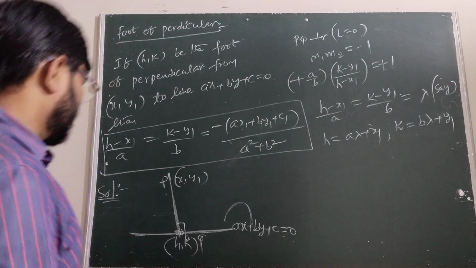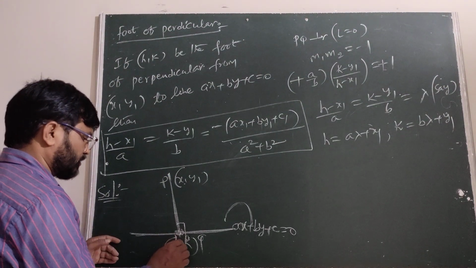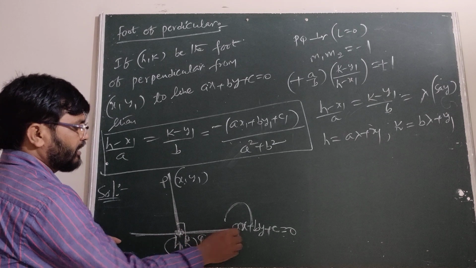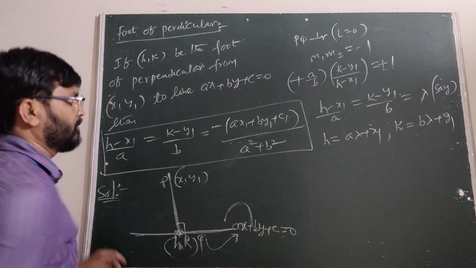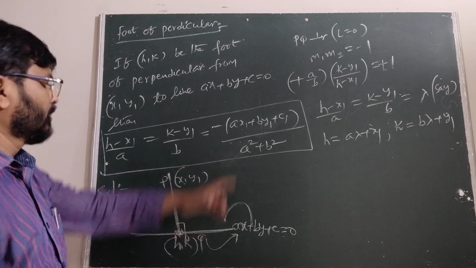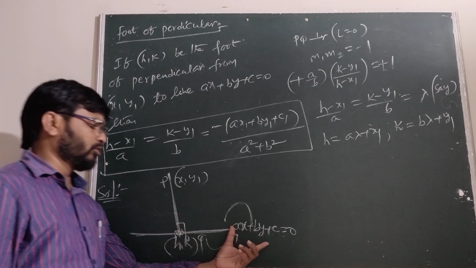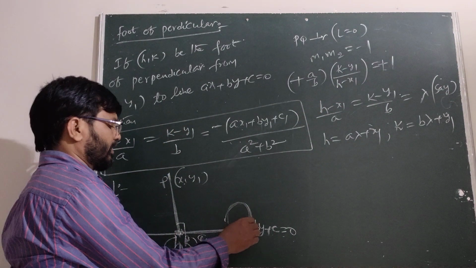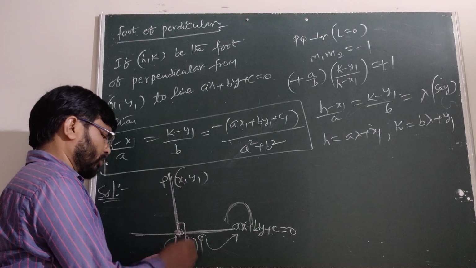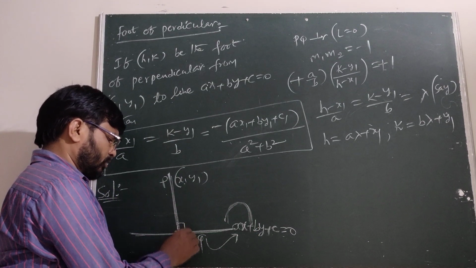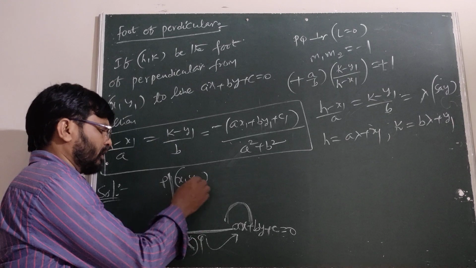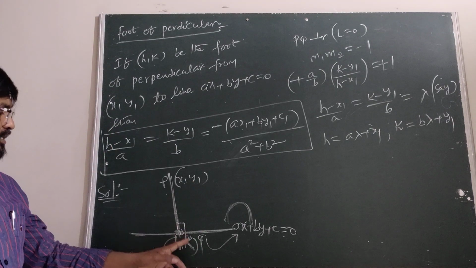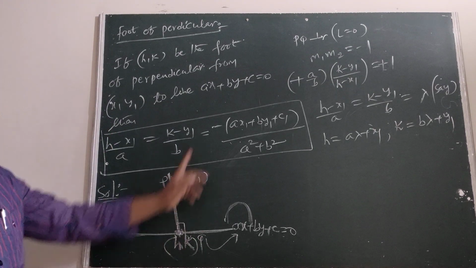Now, all of you listen here. The point (h, k) is on the line ax + by + c. First, we take PQ perpendicular to the line, so the product of the slopes equals -1. The slope of the line is -a/b, and the slope of the line joining the two points is (k - y1)/(h - x1).